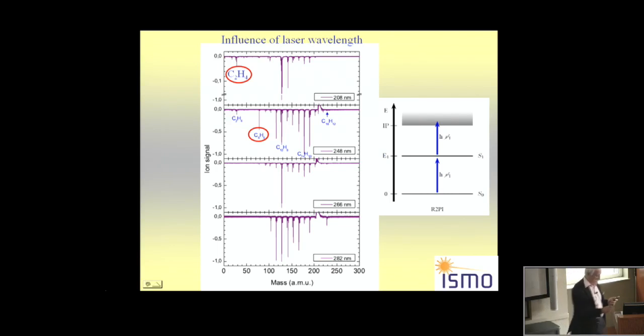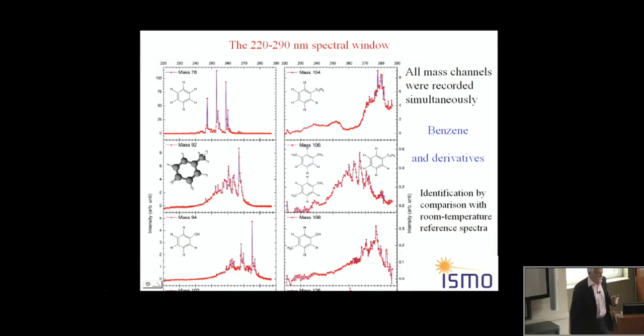Okay, this is how it works. So then we scan, and we get all the data in a kind of single shot, single scan. We record at every wavelength step a full mass spectrum, as was shown on the previous slide in a 3D representation.